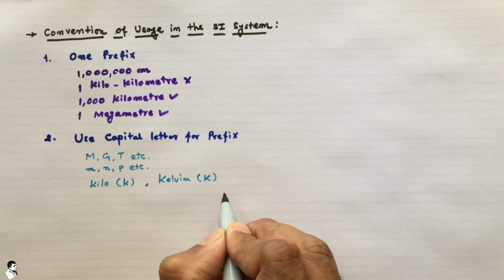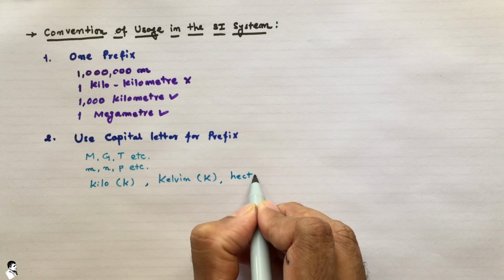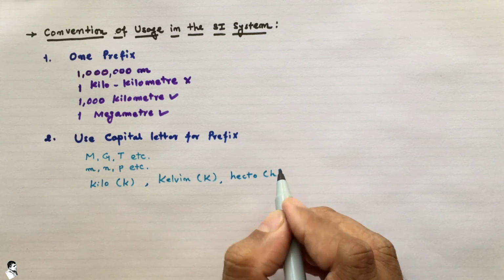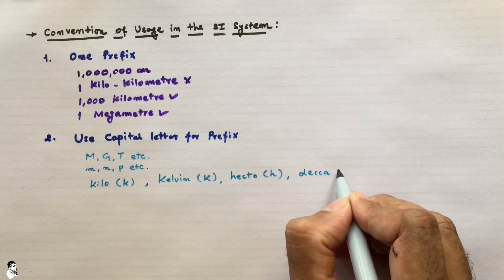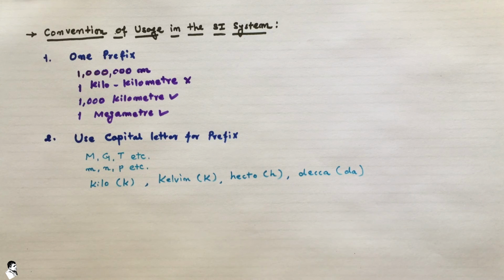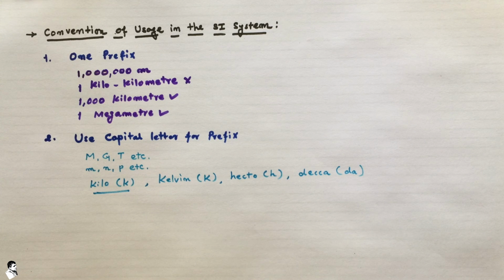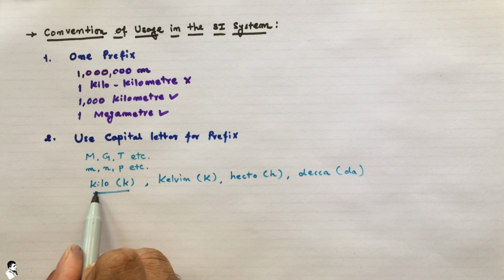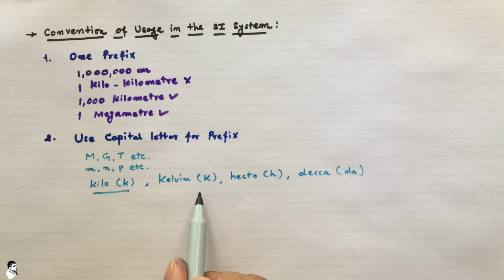Also we have another prefix, hecto, where we use a small h, and deca, where we use da. So these are the exceptions. Kilo is one exception that is written in a small letter even though it makes a unit bigger, to avoid confusion with Kelvin, hecto, deca, etc.